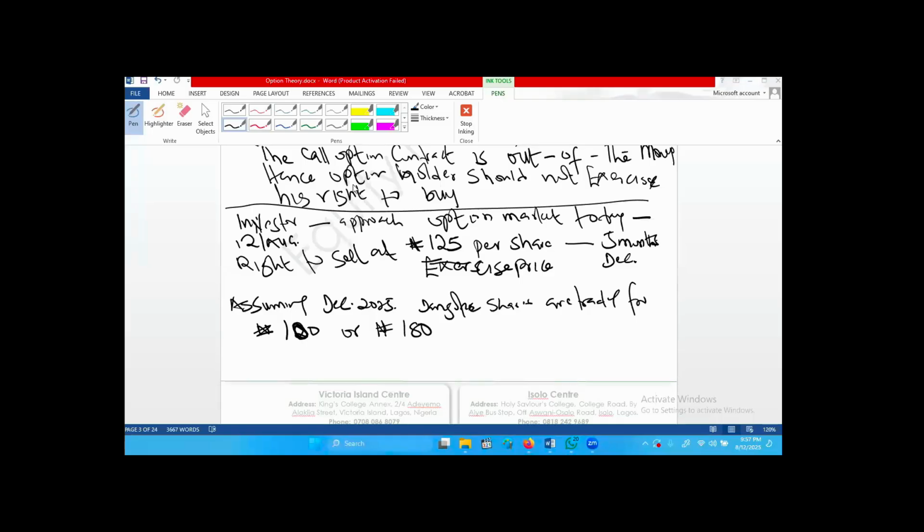Remember, it's a right to sell at 125, not an obligation to sell at 125. What do you do? You are going to pull out of the option contract. I will not sell at 125. You are going to opt out of the option contract. Let's go and demonstrate this.